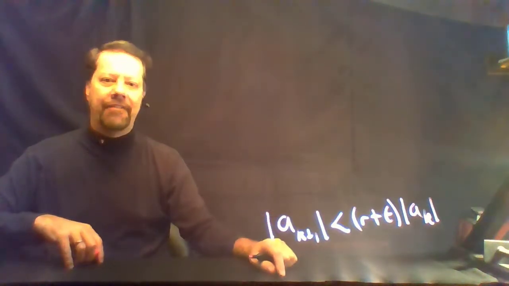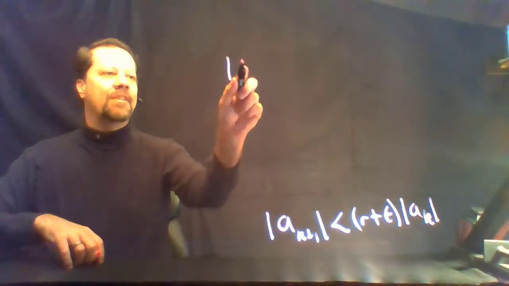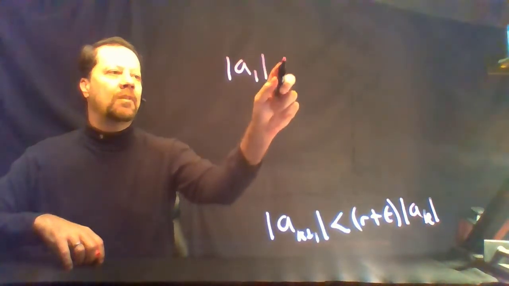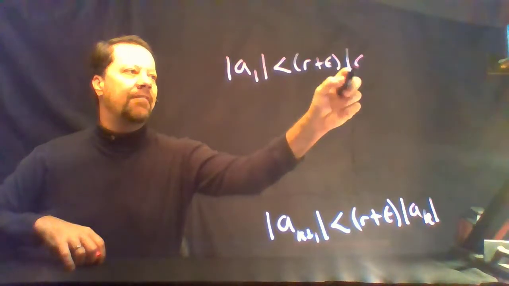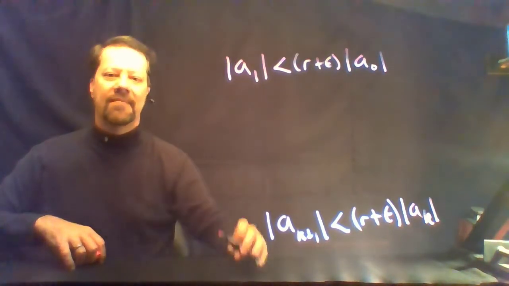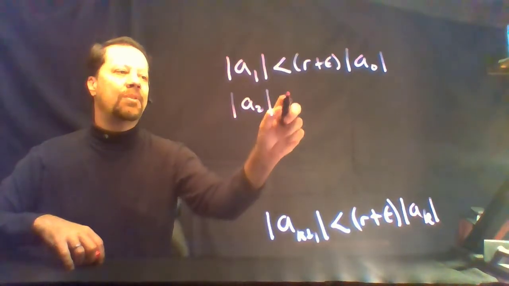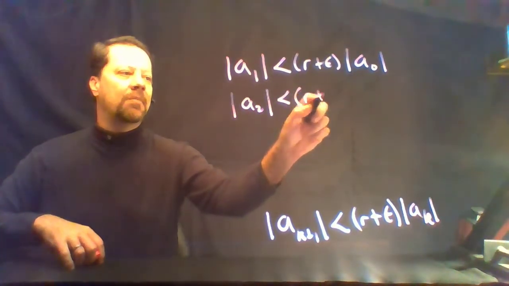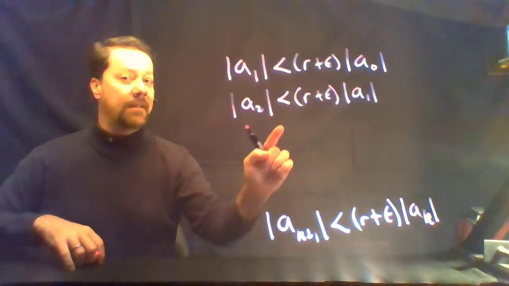We have here kind of a recursive statement. You can see then that the absolute value of a sub 1 will be smaller than r plus epsilon times the absolute value of a naught. Similarly, the absolute value of a sub 2 will be less than r plus epsilon times the absolute value of a sub 1. But wait a minute.